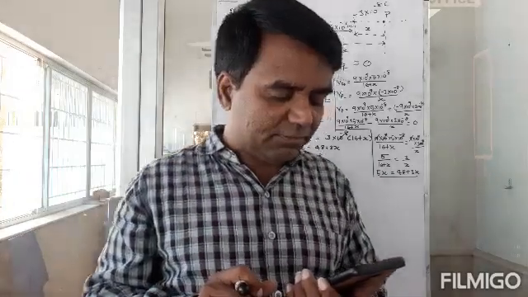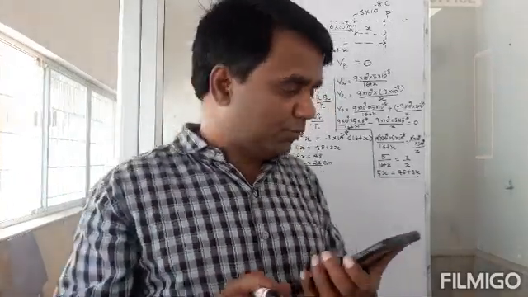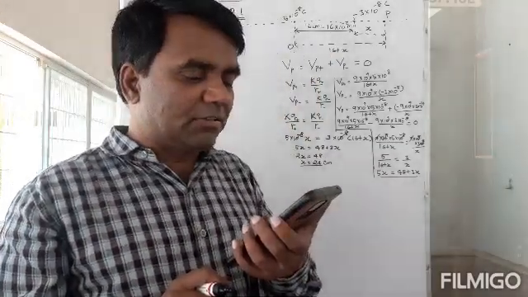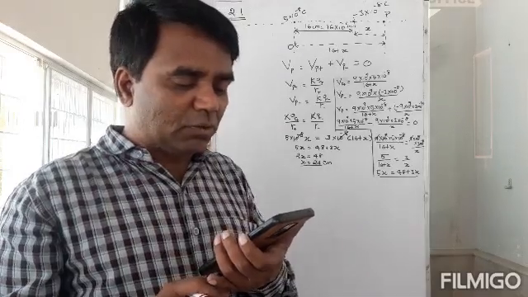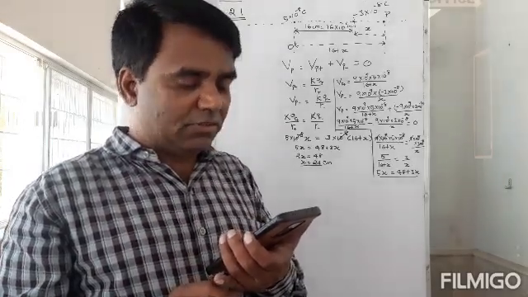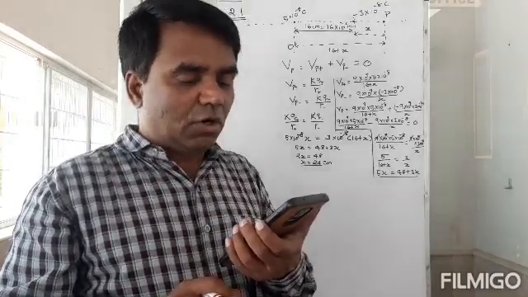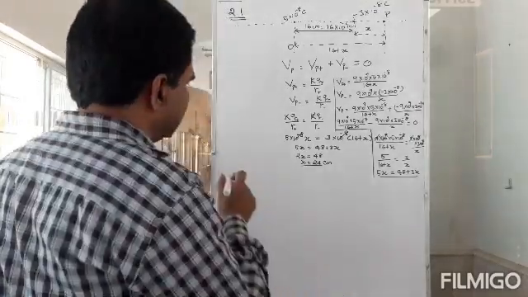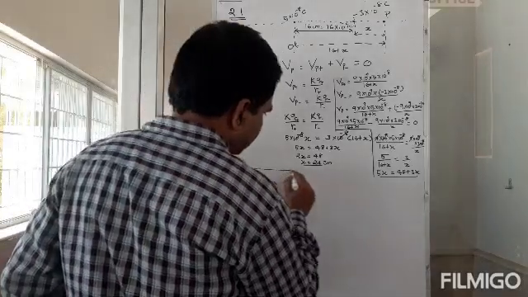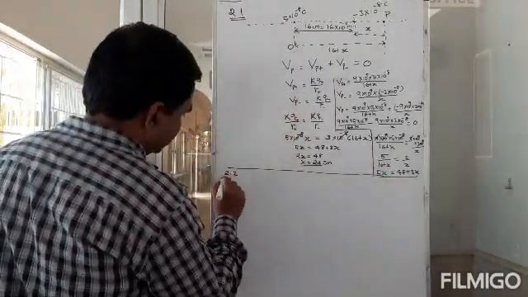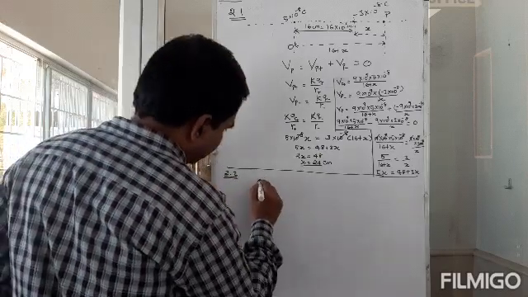And then the second problem, 2.2. So regular hexagon of side 10 centimeter has a charge 5 microcoulomb at each of its vertices. Calculate the potential at the center of the hexagon. So that's easy again. Okay. So 2.2. So you have a regular hexagon.